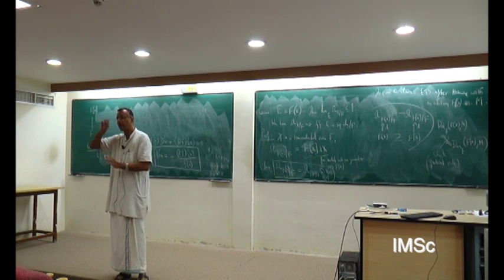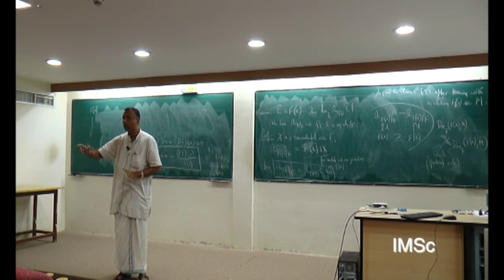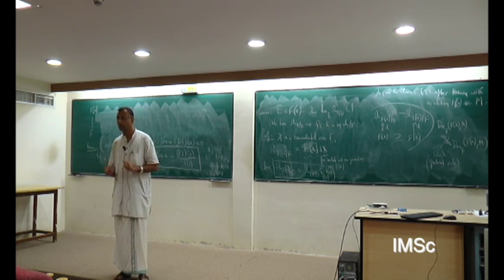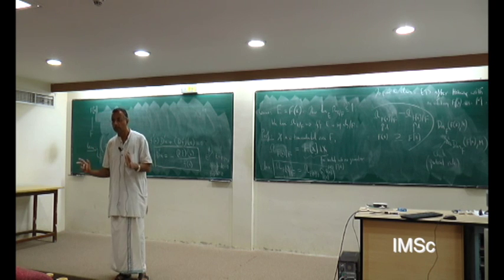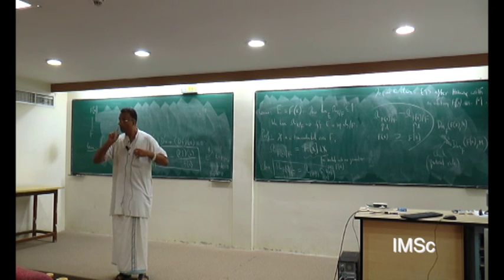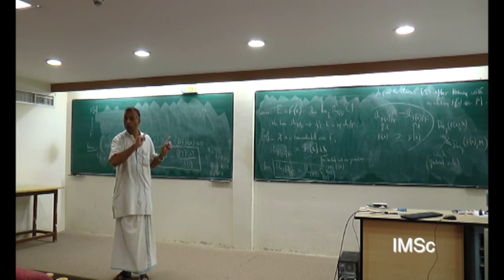If I can find a d prime alpha which satisfies this, then there is an extension. But f prime alpha being 0, this is no condition at all, therefore there is an extension. You are basically free to do what you want. That's the idea. Anyway, we'll write this out more carefully next time.